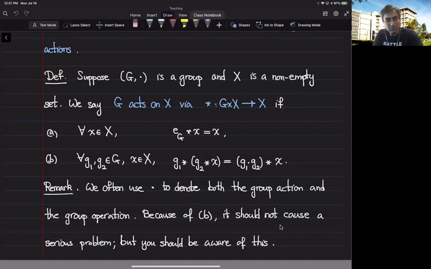So in that sense, we say the action that's given by star is compatible. The permutation that we get out of the star is compatible with the group operation.